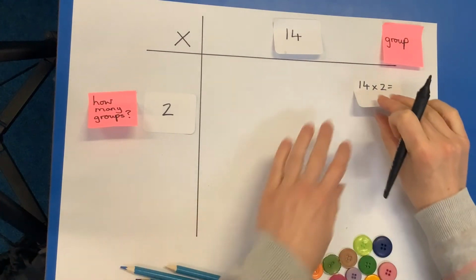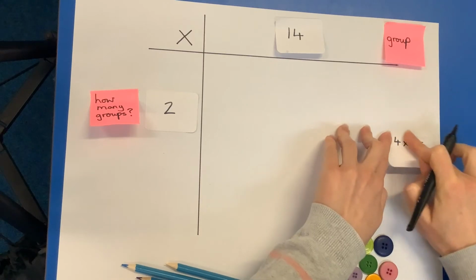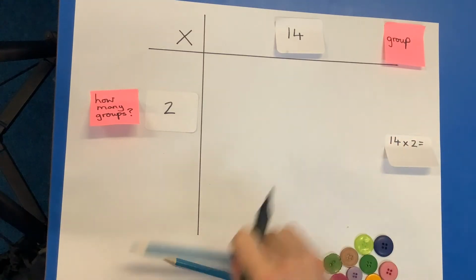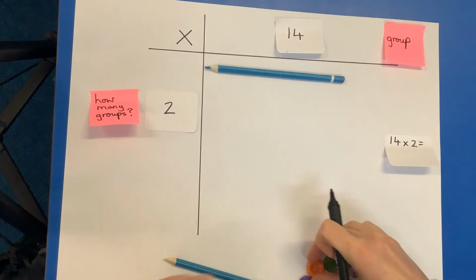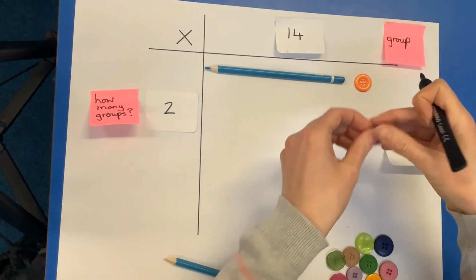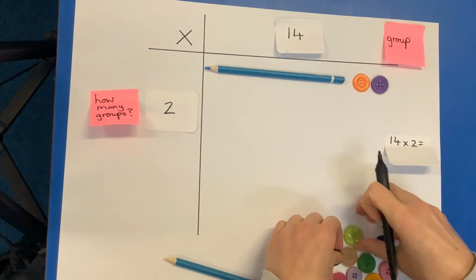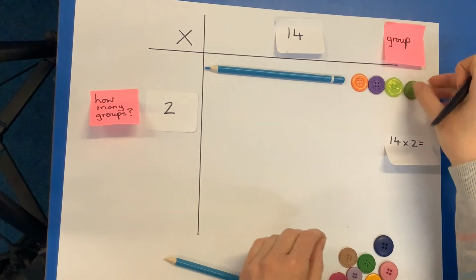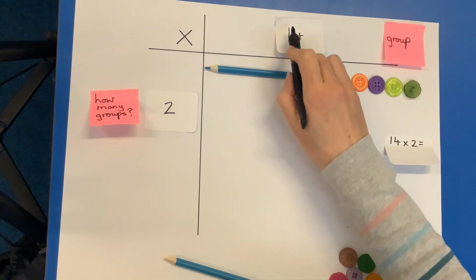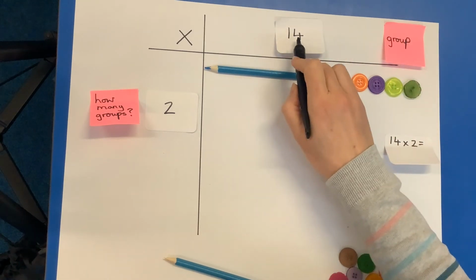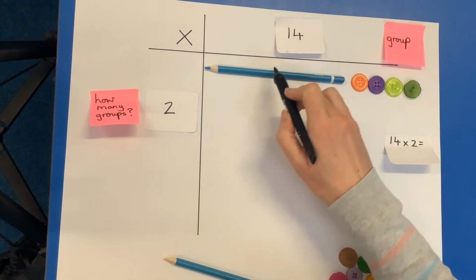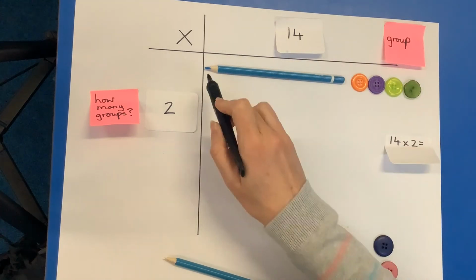And let me make my first group 14. I think I'm going to need a bit of space. So that's my 10. And then I'm going to add my 4 ones. Because that's all the number 14 is, isn't it? We've got 1 in the tens column and 4 in the ones column. So 1 ten and 4 ones, 14.